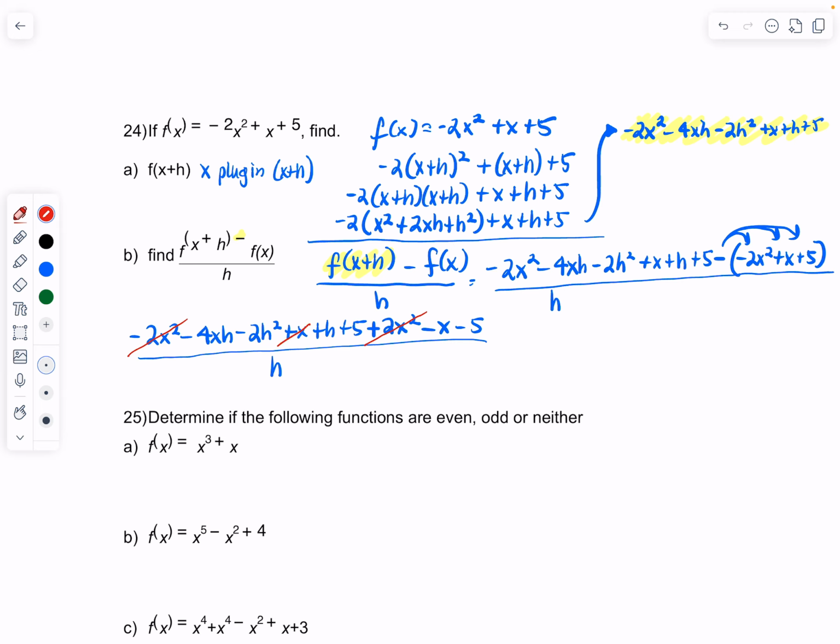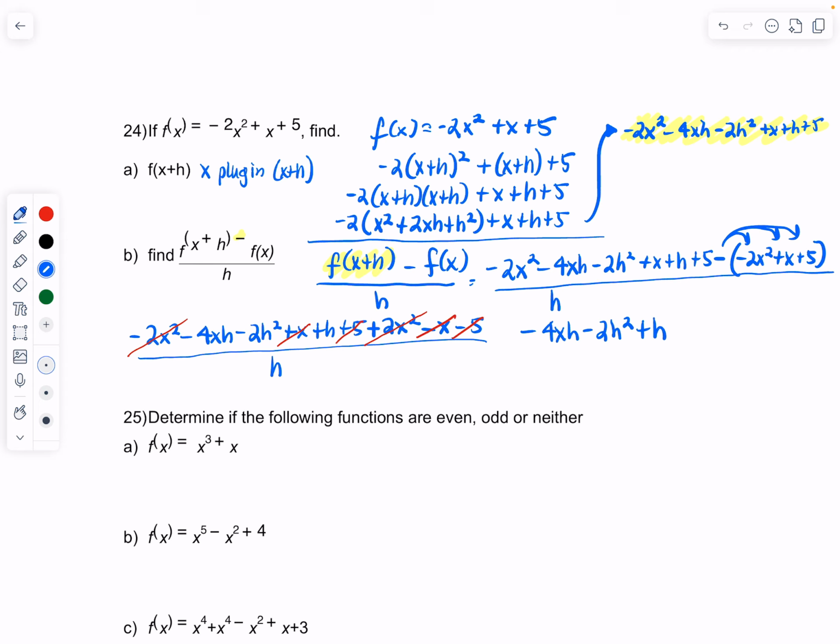Plus x minus x cancel each other out because x minus x is 0. Positive 5 minus 5 cancel each other out because 5 minus 5 is 0. So I'm going to write what I have left over. What I have left over is negative 4xh minus 2h squared plus h.